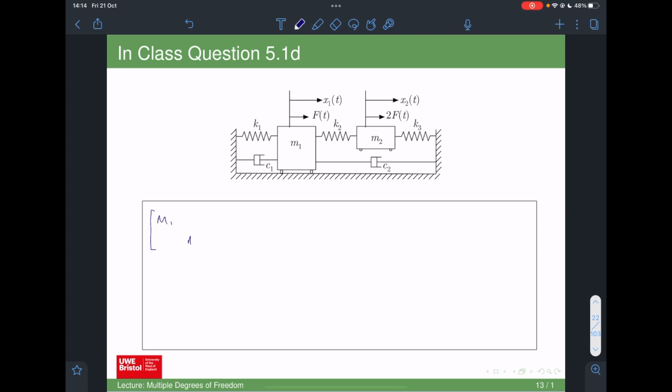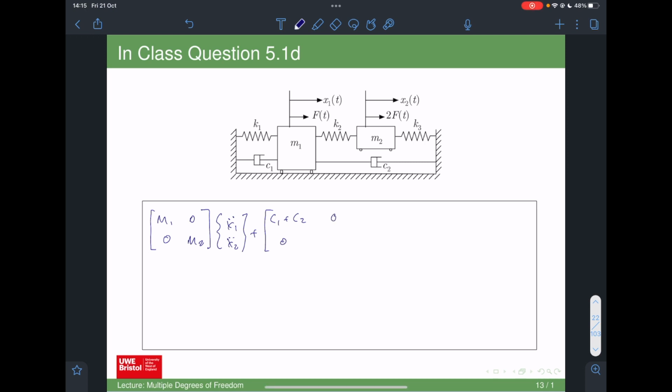M1, M2, X1 double dot and X2 double dot plus. So connected to mass 1 we've got C1 and C2. So you put C1 and C2. But there's nothing connecting it to mass 2, so we put 0 and 0.